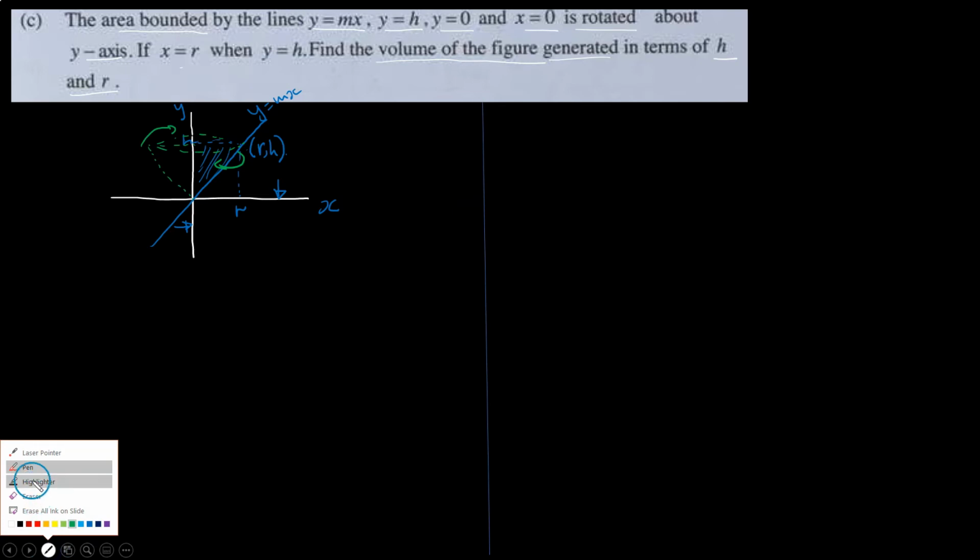I'm just going to draw the rest of it like this. When it's been rotated, you will get something like a cone, and the region covered in this cone is the volume that we need to find.